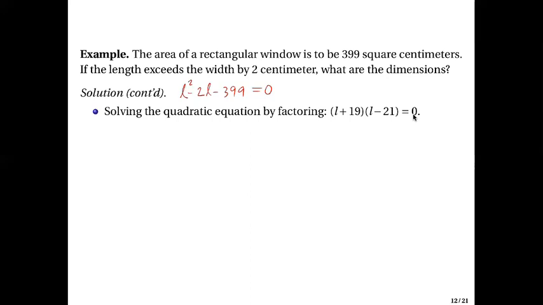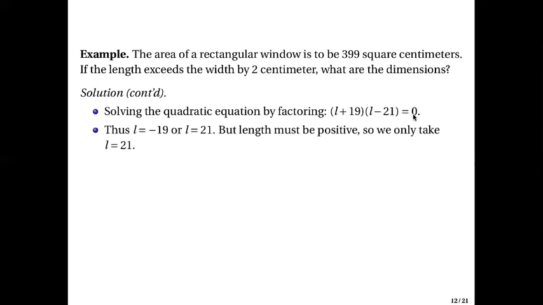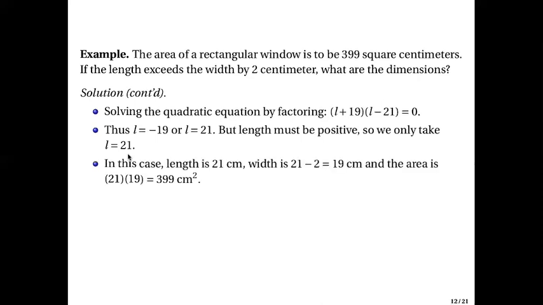And then you solve for L. L equals negative 19 or L equals 21. But the length must be positive, so we only take L equals 21. In this case, the length is 21 centimeters, width is 21 minus 2, which is 19 centimeters, and the area is the product, 21 times 19, that's equal to 399.